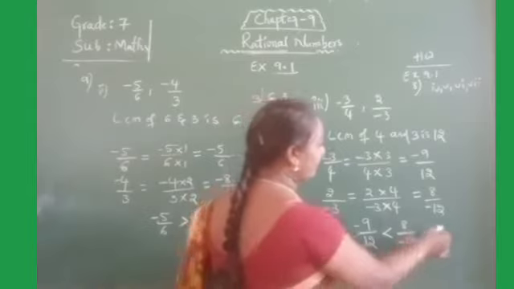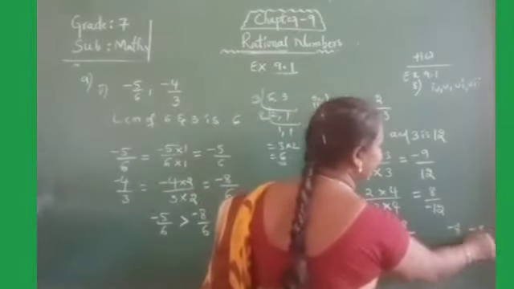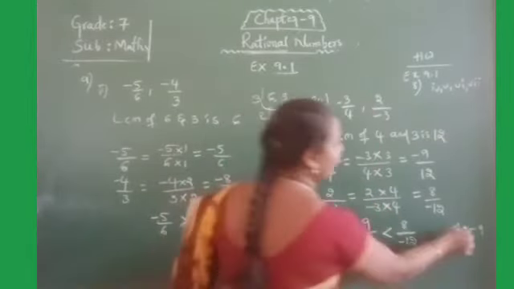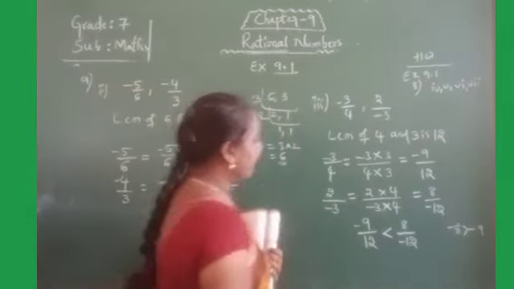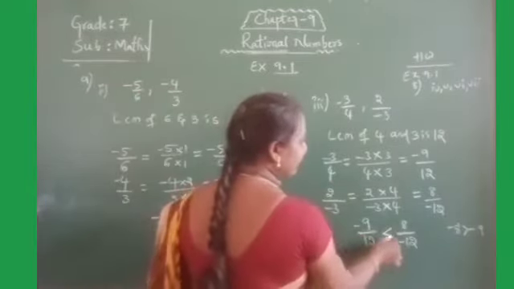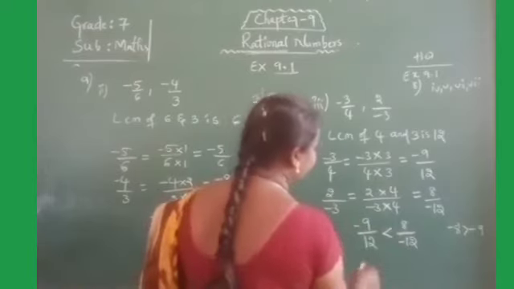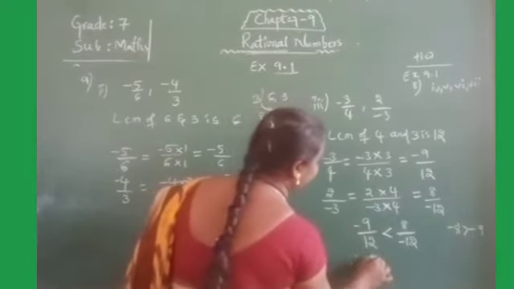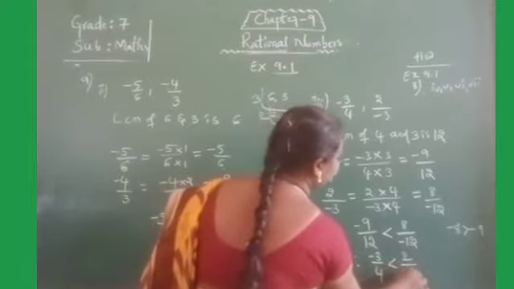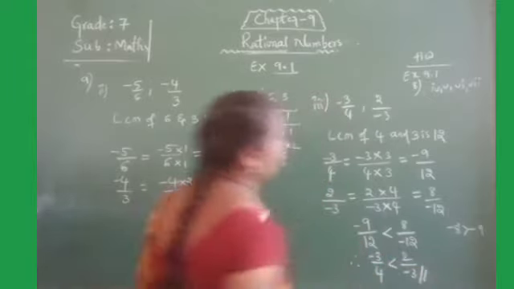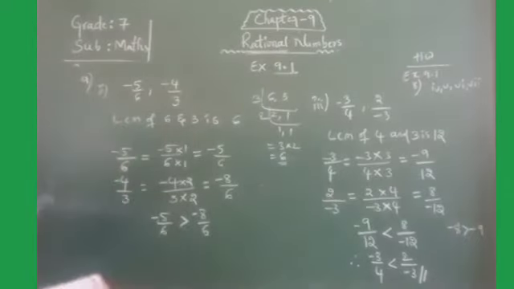After you compare minus 8 and minus 9, which one is greater? Minus 8 is greater. So that means minus 9 by 12 is less than 8 by minus 12. Therefore minus 3 by 4 is less than 2 by minus 3. Is it clear? Right.